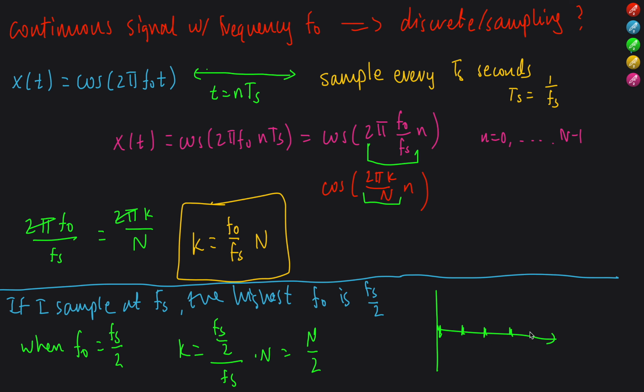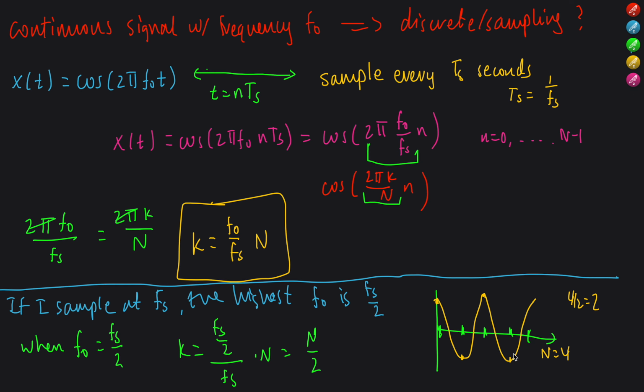What's the max you can fit here? The maximum you could fit is 4 over 2 equals 2. If N equals 4, the max k we can fit is 2, because you could put one positive here, negative here, positive here, negative here, positive here. So that's 1, 2 oscillations. We can't fit more than that because we're just not sampling fast enough.